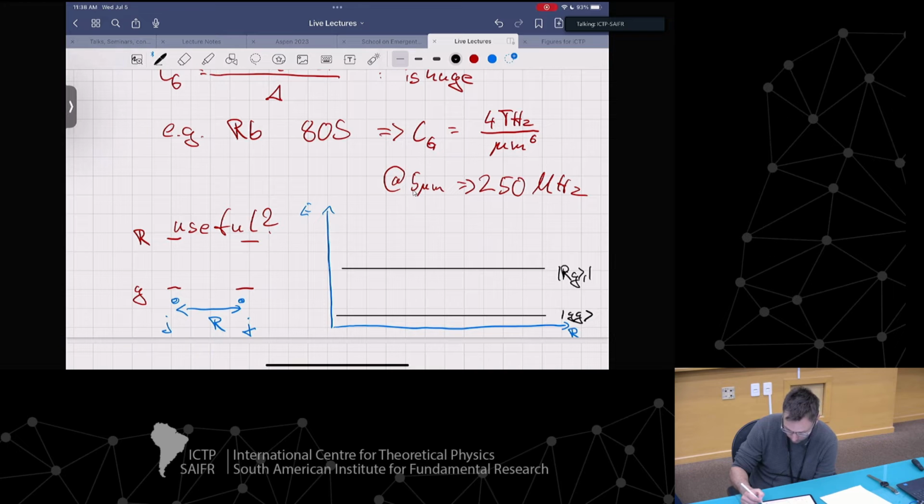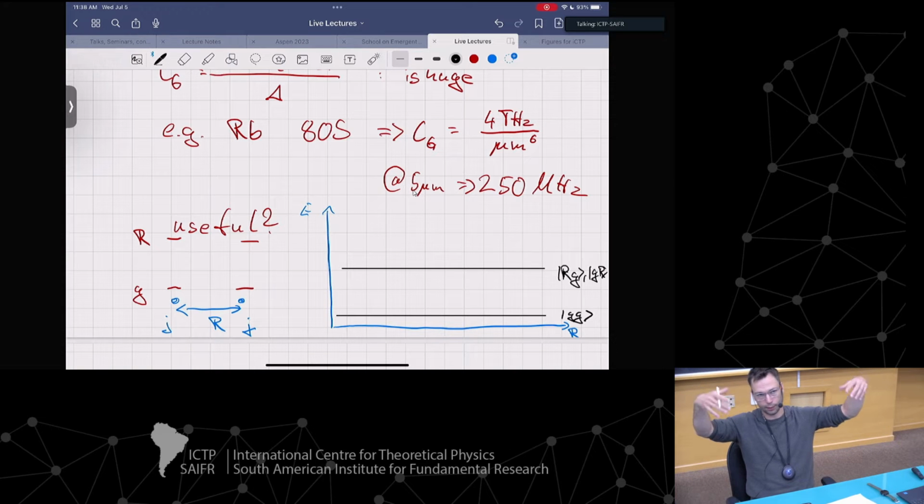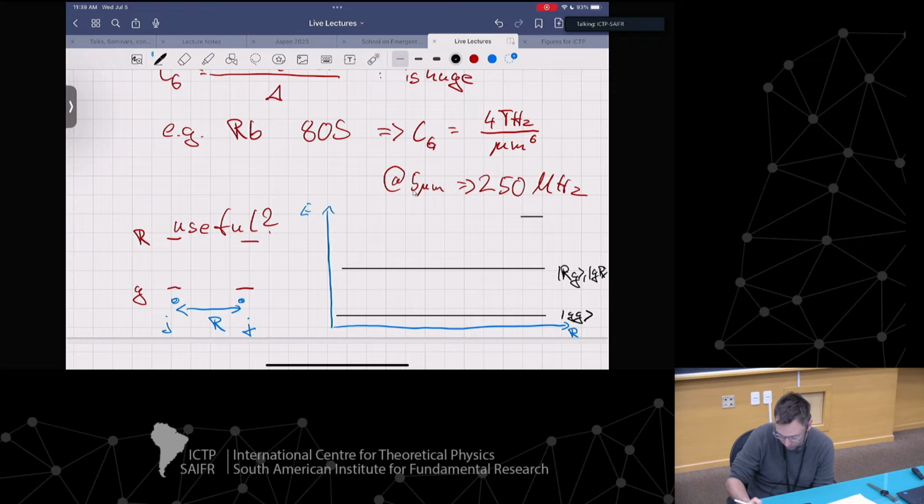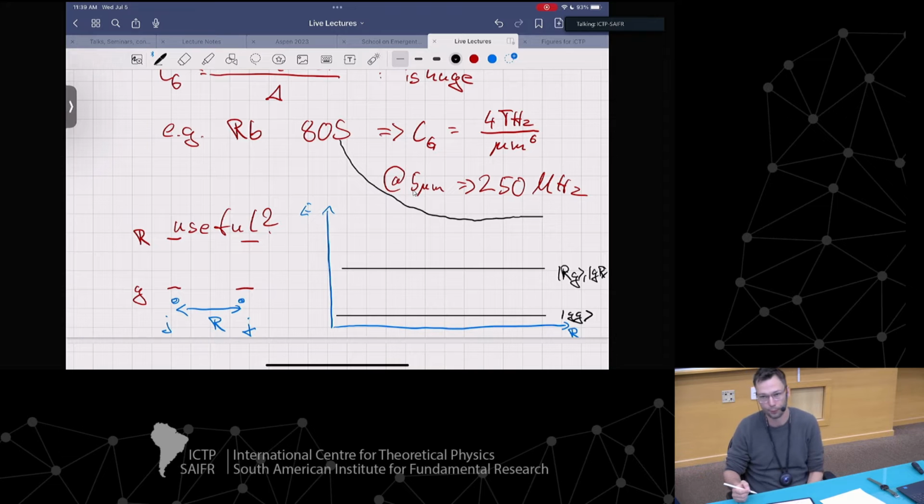And of course, this is degenerate, it could also be the other way around. And now I also have this state with both in the Rydberg state, and here we get these huge energy shifts. But of course, if the atoms are very far away from each other, they don't notice each other. So if they are somewhere here, it's the same energy to go 1 level higher. But as you get closer with the atoms, this state is going to shift dramatically up. So this is the Rydberg state.